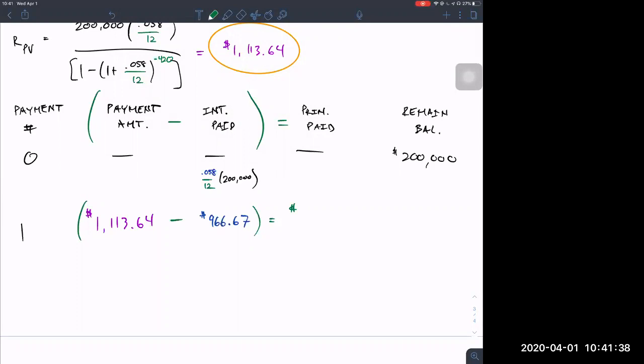So that's 1,113.64 minus 966.67, which gives you 146.97. And then again, you subtract this way, right? From $200,000. So you're at 199,853.03.